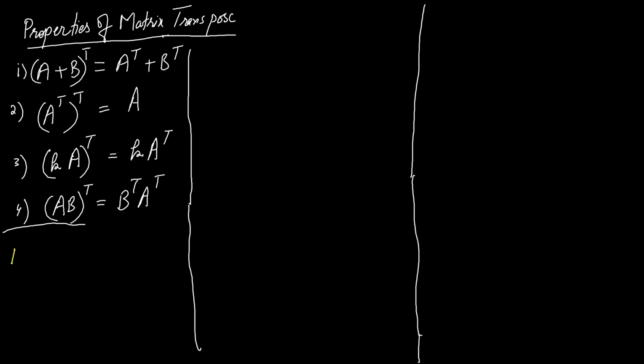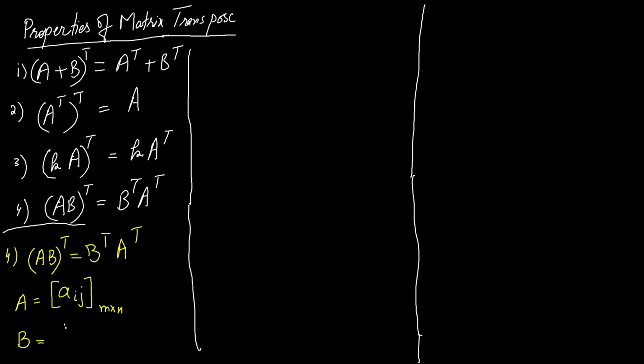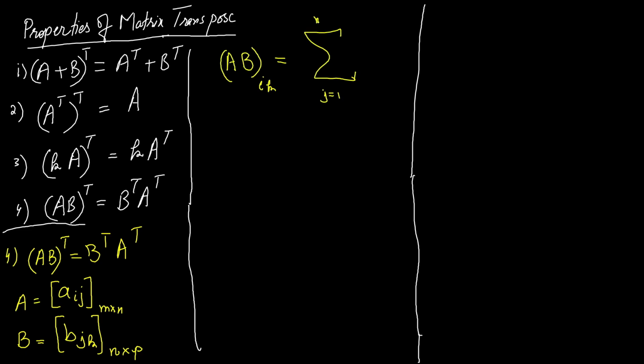Let us look at the proof of the fourth property, which is AB whole transpose is equal to B transpose into A transpose. Suppose A is an m cross n matrix with elements Aij and B is an n cross p matrix with the elements Bjk. The element at row i and column k of the product matrix AB is equal to the summation j from 1 to n of Aij Bjk.